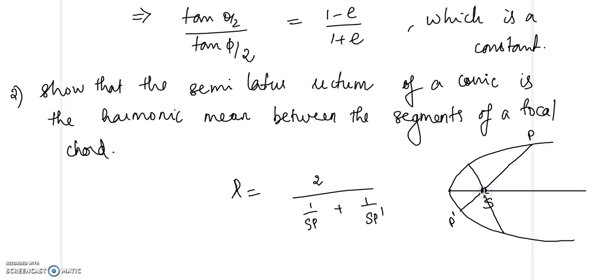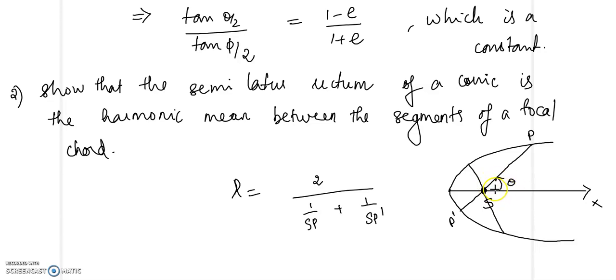Now let us take S to be the pole. So S, that is our focus itself, let us take as the pole. So S is the pole and SX is the initial line. So if this is the angle theta, then this point P will have coordinates SP, the radial distance to the point P, and theta is the vectorial angle.